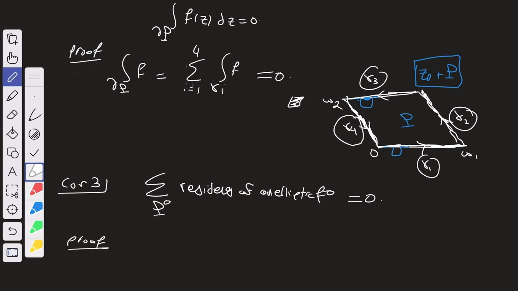Well, if the integral over the boundary of the parallelogram is 0, it follows by residue calculus that the sum of the residues of f in the parallelogram is 1 over 2 pi i times the integral over that boundary of f.